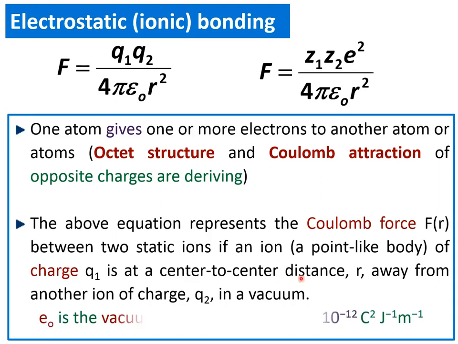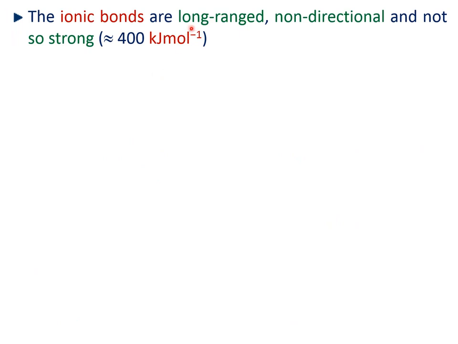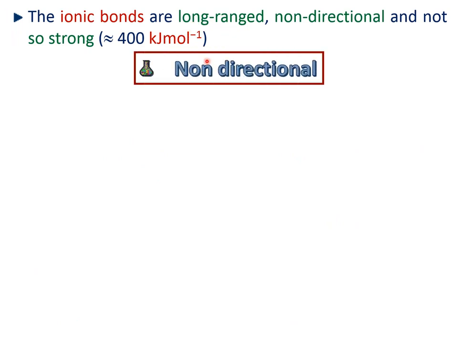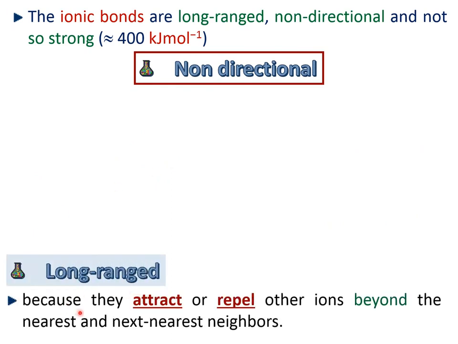Okay, the ionic bonds are long-ranged. What does long-ranged mean? Long-ranged means that they attract or repel other ions beyond the nearest and the next neighbors. Not only the atoms in the nearest neighbor can it interact with, but these attractions can extend to multiple layers.